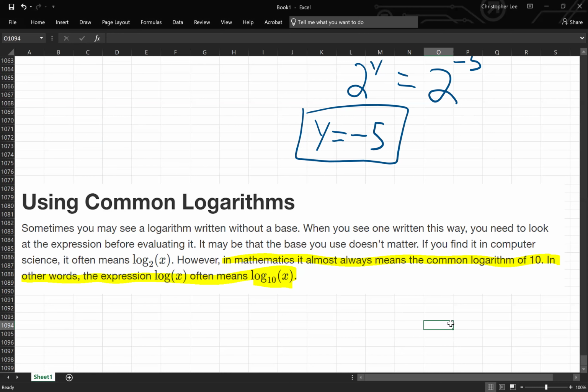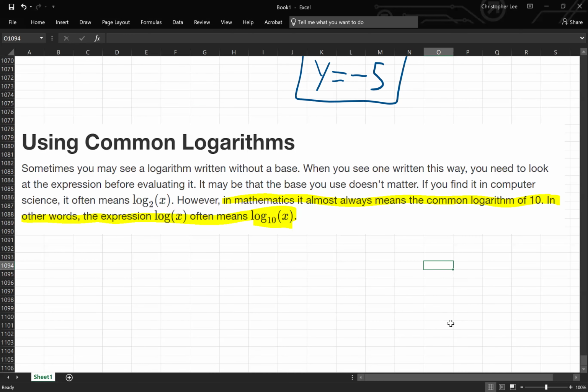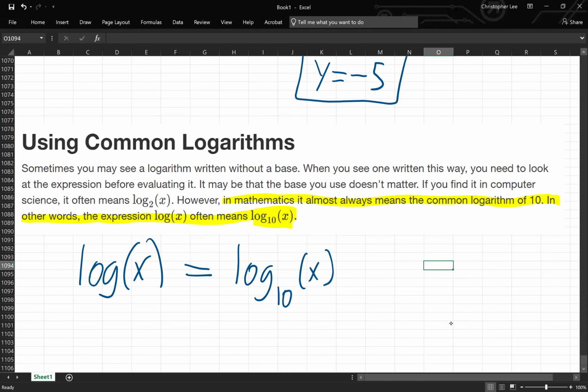However, in mathematics, it almost always means the common logarithm of 10. So in other words, the expression log of x means log base 10 of x. All right. So that's the trick right there. You see me write log of x? It means log of base 10 of x. All right.